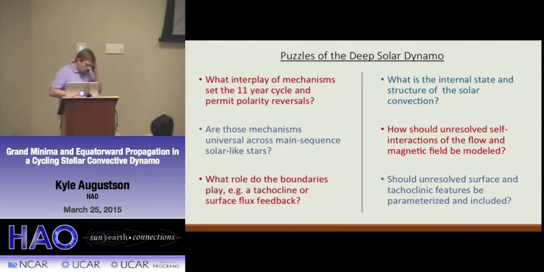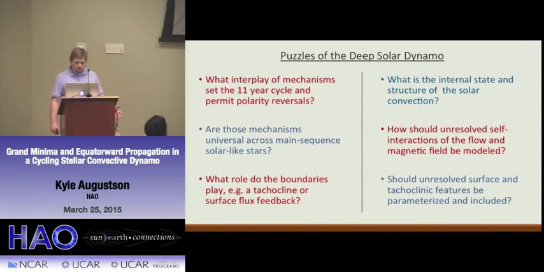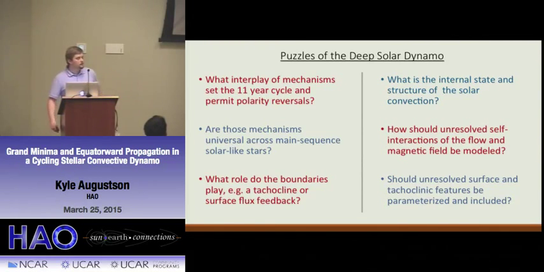Okay, so what are the puzzles of the deep solar dynamo? One is, why is it 11 years? The other is, can some of the properties of the solar dynamo be applied to other stars? And the other properties are like what role does the tachocline play? Do we have rising buoyant flux tubes from the deep convective interior?